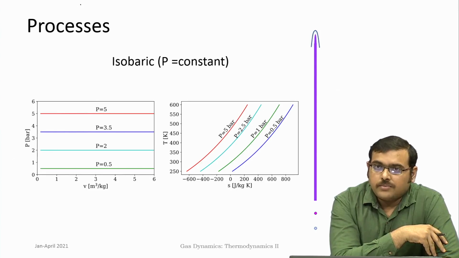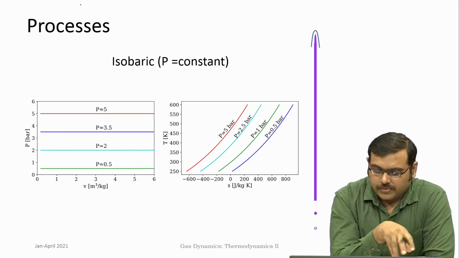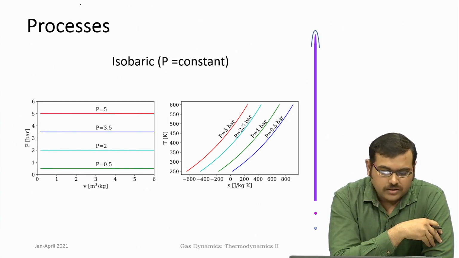So these processes, some typical examples are of the isobaric process, where the pressure is remaining constant.